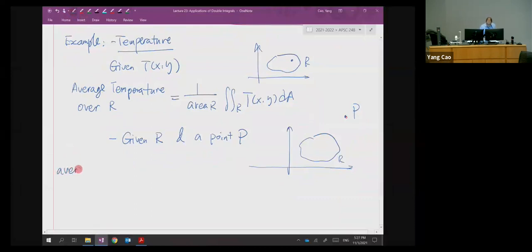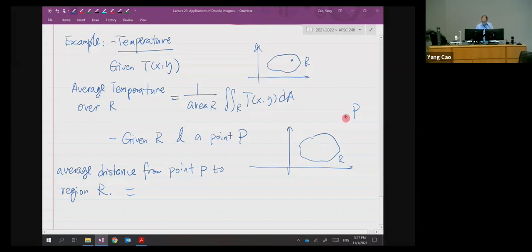what is the average distance from point P to region R?